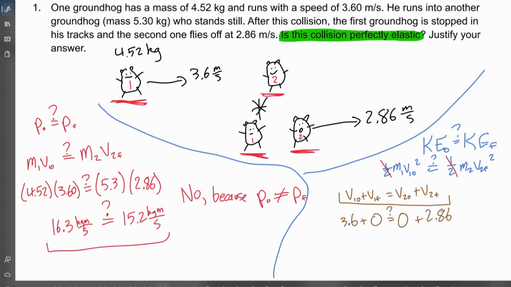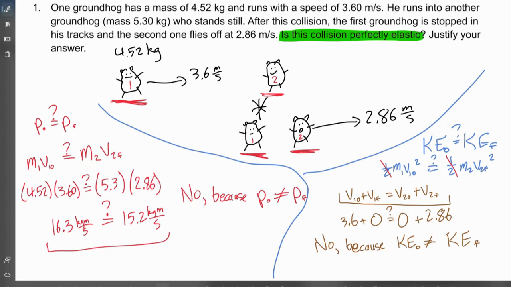Well, is this true? Does 3.6 equal 2.86? No, it does not. You'd say no, because this is not a perfectly elastic collision because not all kinetic energy is conserved as kinetic energy. And we can notate that as KE initial is not equal to KE final. Okay, so there's the two separate methods of solving this question.